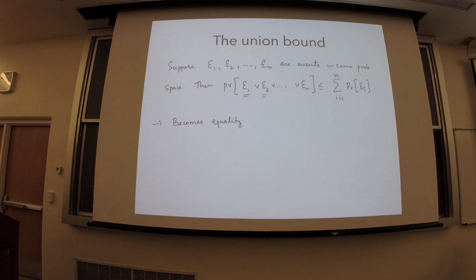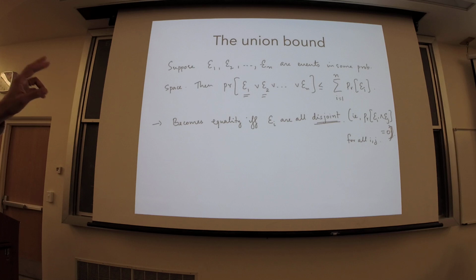It becomes equality if and only if the Ei are all disjoint, that is, the probability of Ei and Ej equals 0 for all i not equal to j.